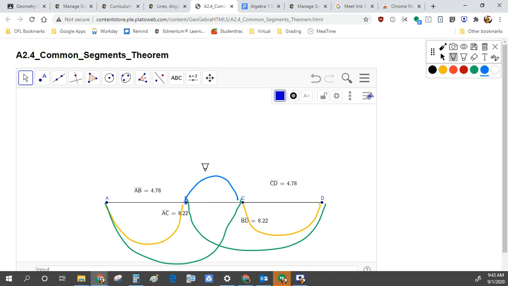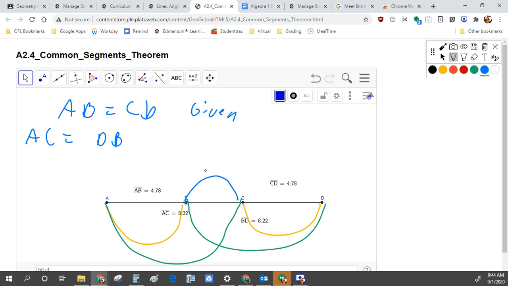Let me write it down as a proof. If I wrote this down as a proof, I would say something like AB is equal to CD. Why? It's given. And I would say like AC is equal to, what was it?